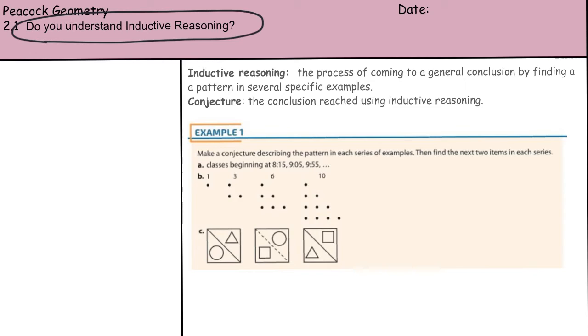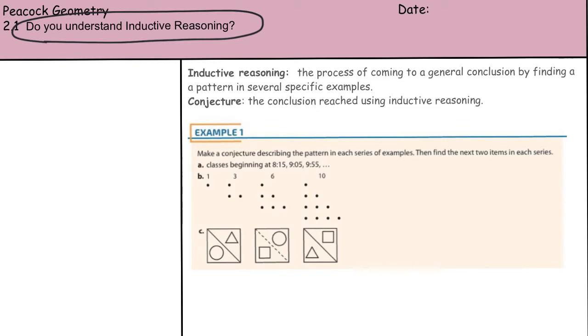So let's look at example 1. Make a conjecture describing the pattern of each series of examples. Then find the next 2 items in each series. Okay, so look at example A. Classes begin at 8:15, 9:05, 9:55, and then what do you think the next class begins at? Well, if we look at each class period, it looks like each class period is 50 minutes long, and each class starts 50 minutes after the previous class.